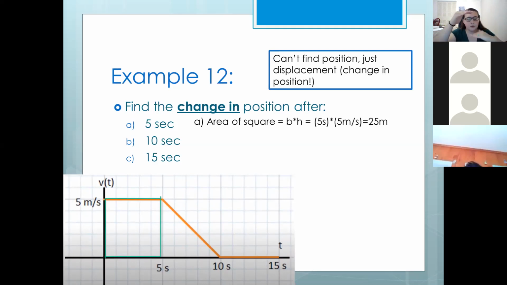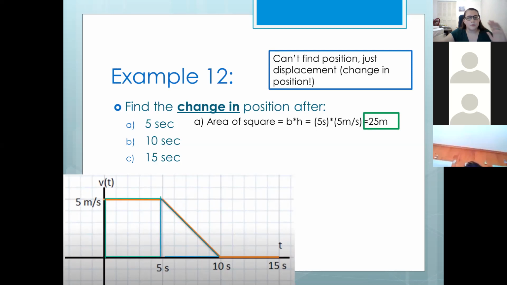And the height goes from 0 to 5 meters per second, so that's 5 meters per second tall, which is a weird way to say it, but you know what I mean, hopefully. So 5 seconds times 5 meters per second gives us an area in that section of 25 meters. So that's our displacement during that time interval.